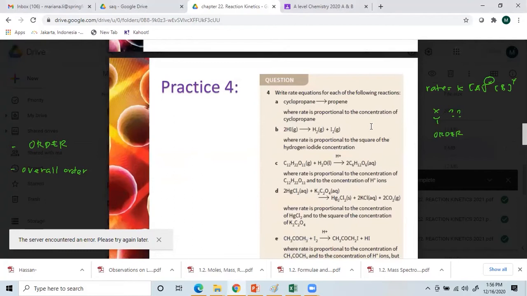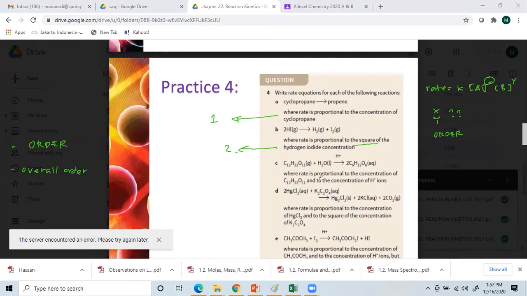So, what's the order for cyclopropane here? Okay, the rate is proportional to the concentration of cyclopropane, so first order. And for B, second order.